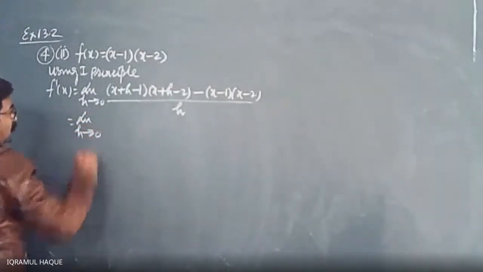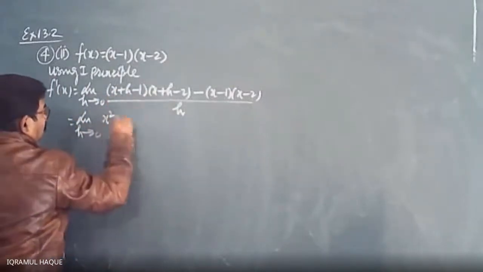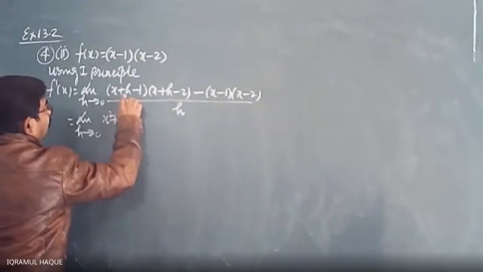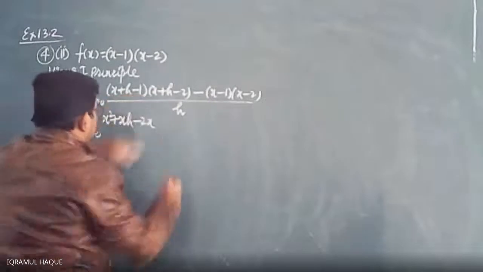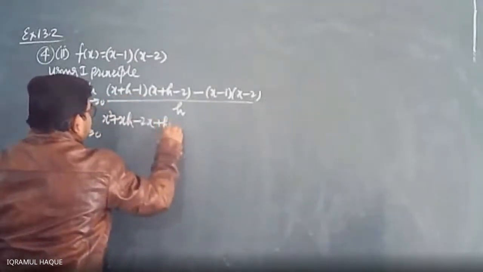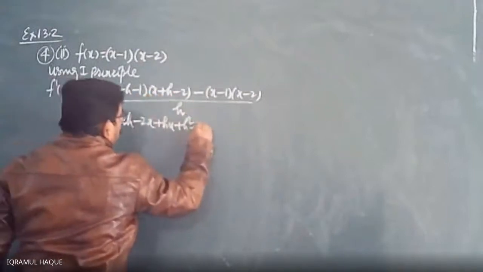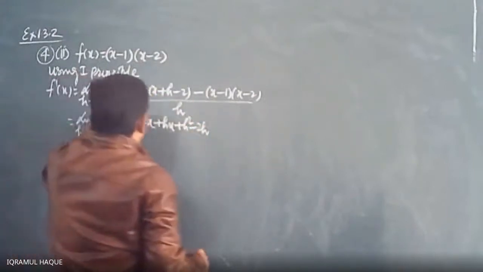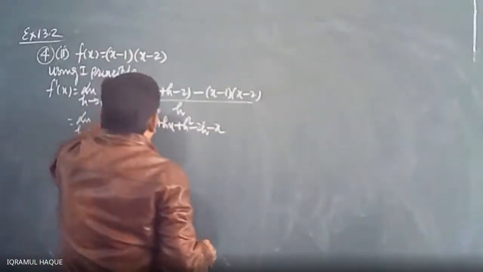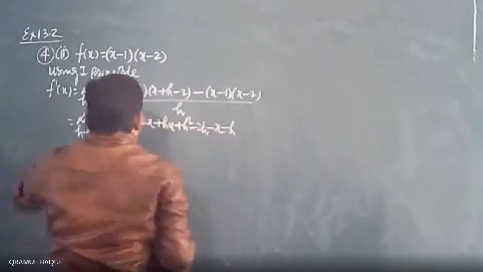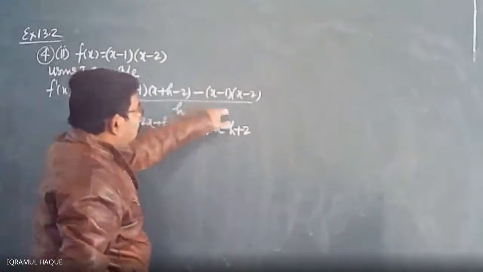Limit h tends to 0. Multiply x into x, x square, x into h plus xh, x into minus 2 minus 2x. Here h into x plus hx, h into h plus h square, h into minus 2 minus 2h, minus 1 into x minus x, minus 1 into h minus h, minus 1 into minus 2 plus 2, and here multiply these two brackets.